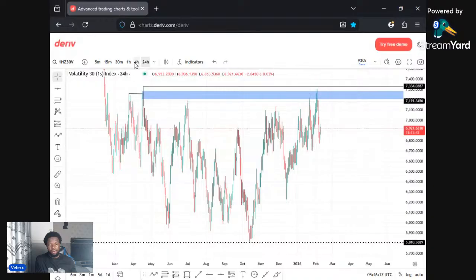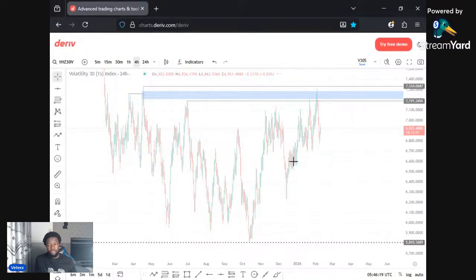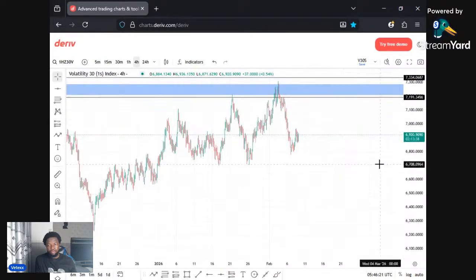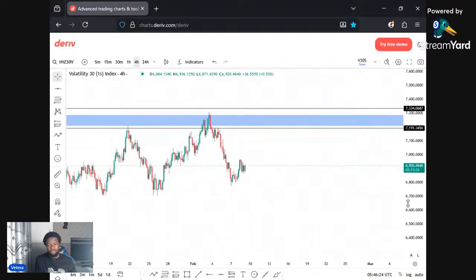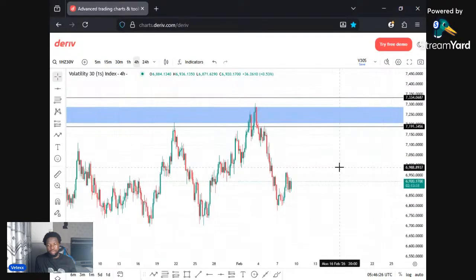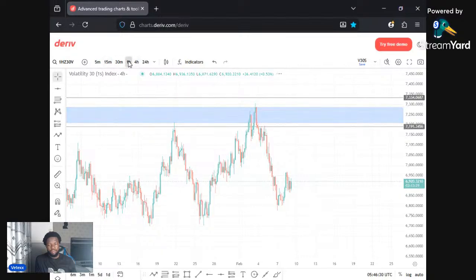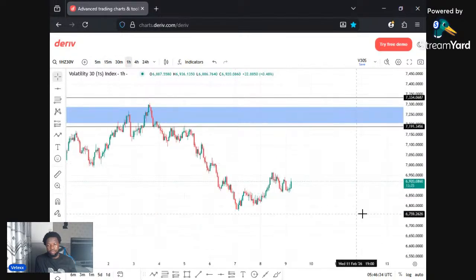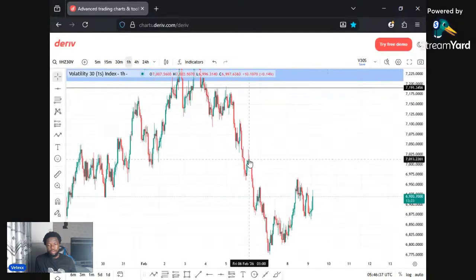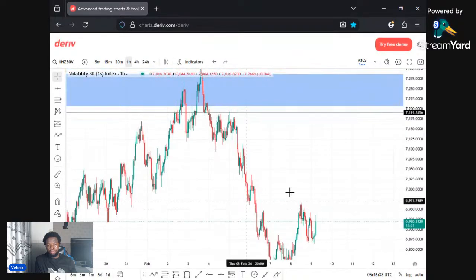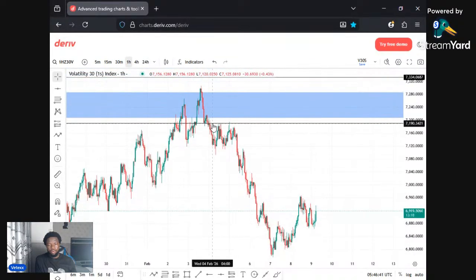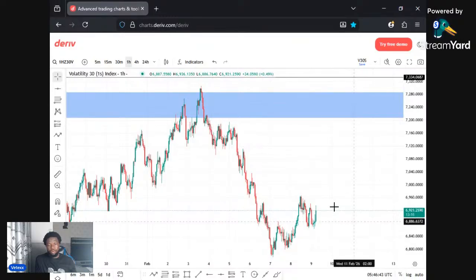So we'll go to the 4-hour time frame and check if there's a continuation we can work with. Okay, we have price giving us this on the 4-hour time frame, so let's check the 1-hour time frame, if there's anything there that we can hold on to. There's a 1-hour point of interest here.